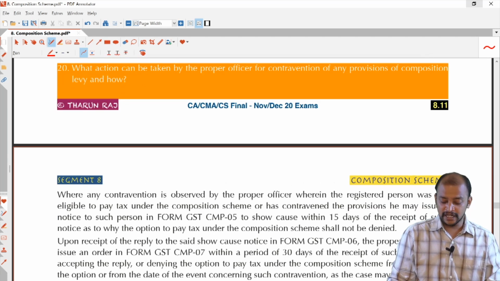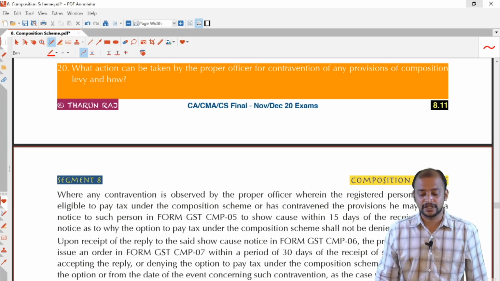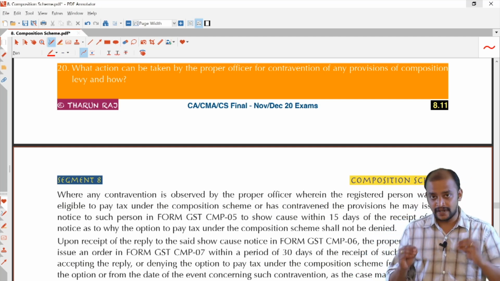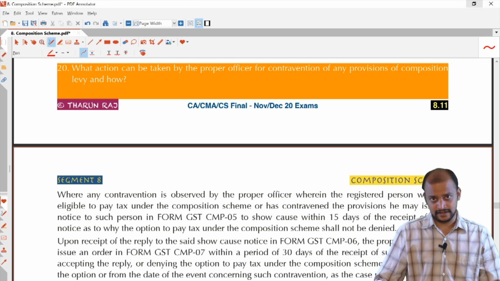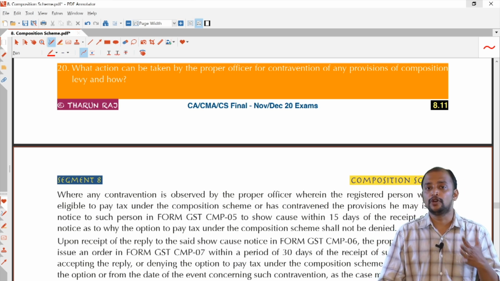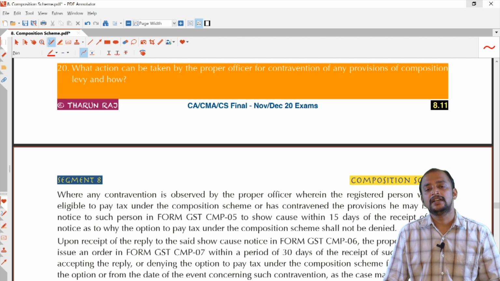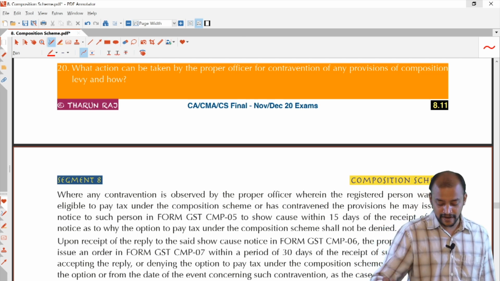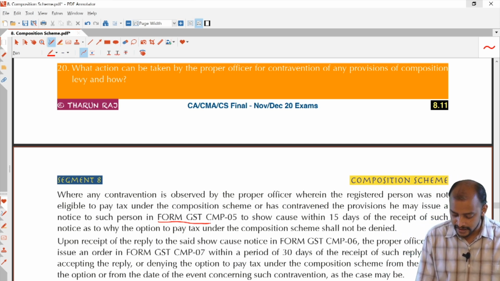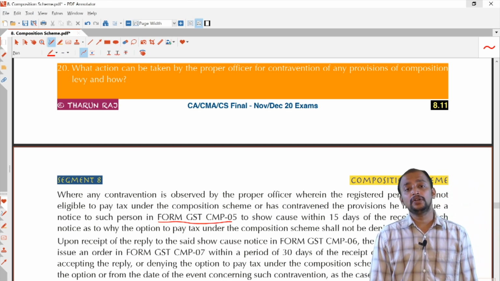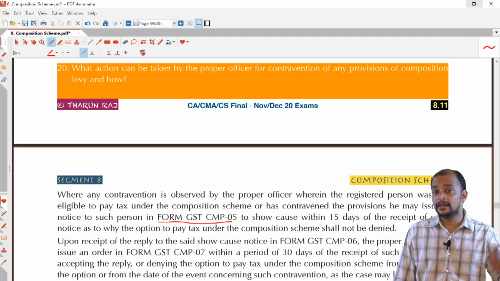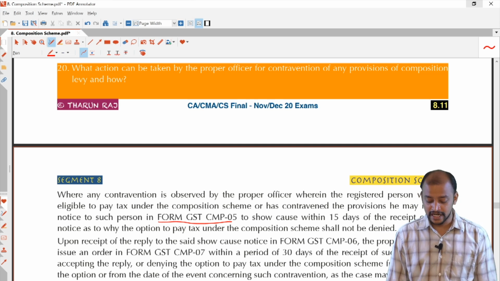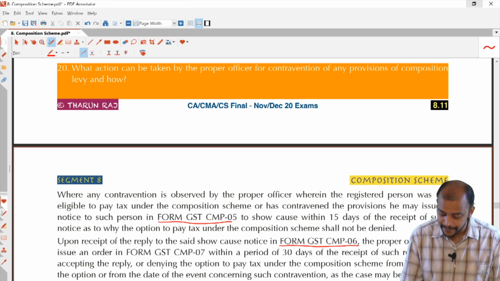What action can be taken by a proper officer for contravention of any provisions of the composition levy, and how? First, you breach the conditions, and the department comes to know that you breached the condition. They will give a notice, and that notice is in CMP 05. Once that notice is given, within 15 days you need to give a reply to that notice in CMP 06.